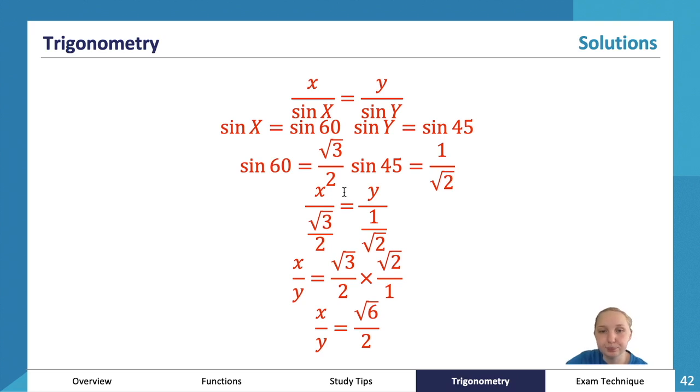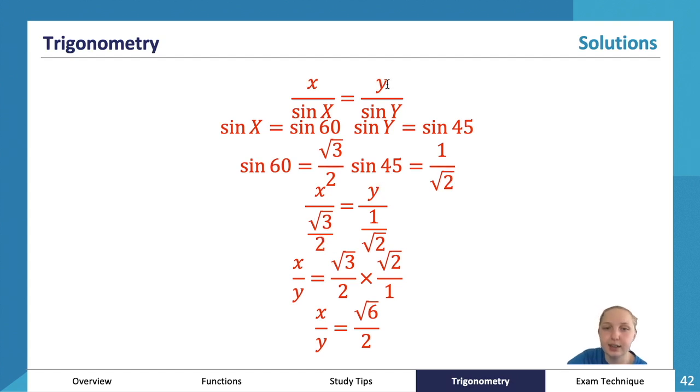Then from here, what we've got is x over root 3 on 2 is equal to y over 1 on root 2. Because if we know that sine 60 is equal to root 3 on 2, we're substituting that into our equation. So we've still got little x on top, and we know what sine X is equal to, so we've got little x over what we know sine X is equal to.